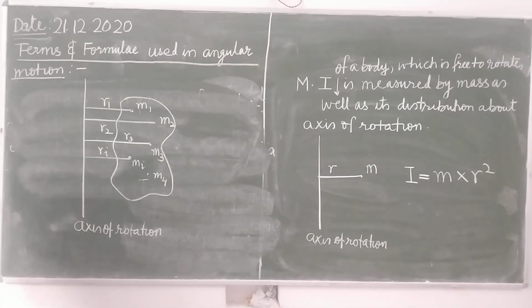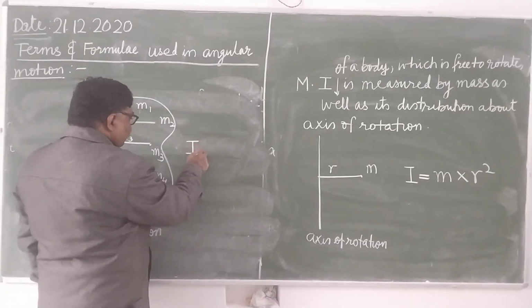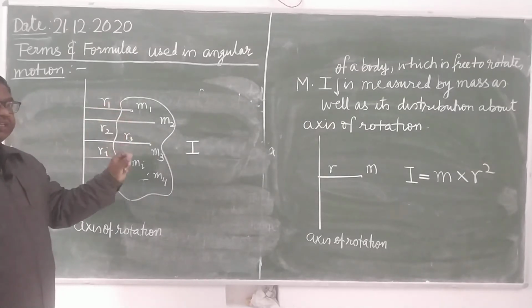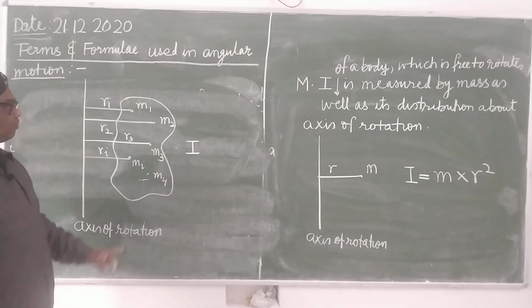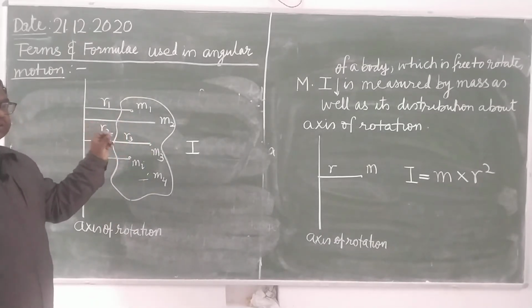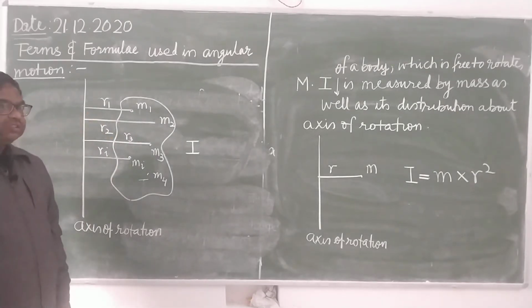If you determine the MI of this body, it will be equal to the sum of the MIs of the particles constituting the body. What will be the MI of the body? Sum of the moment of inertia of the particles which are constituting this body.